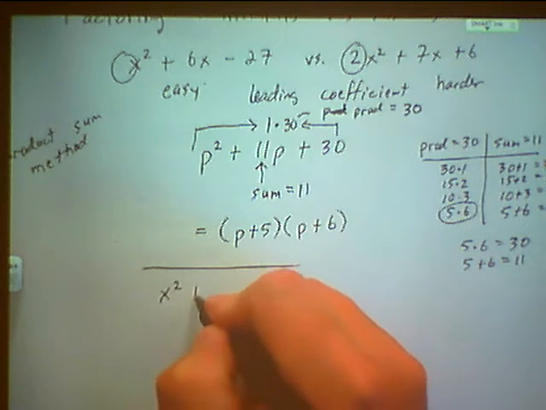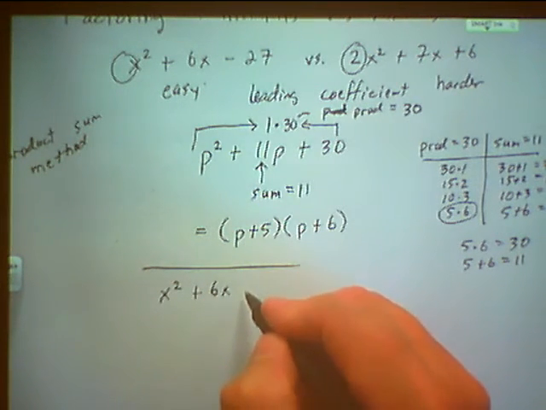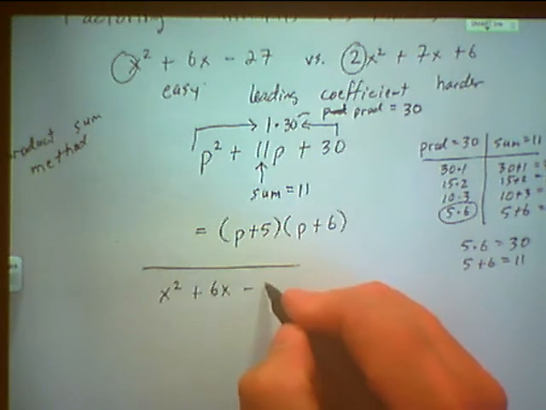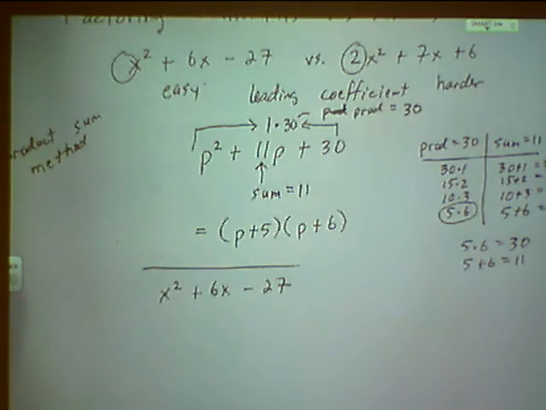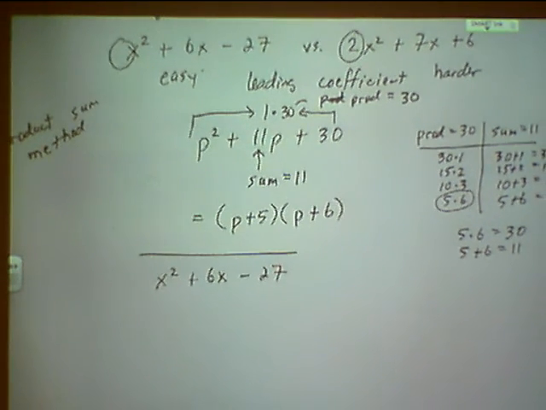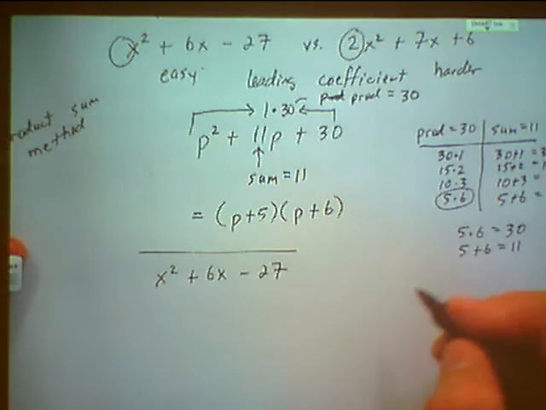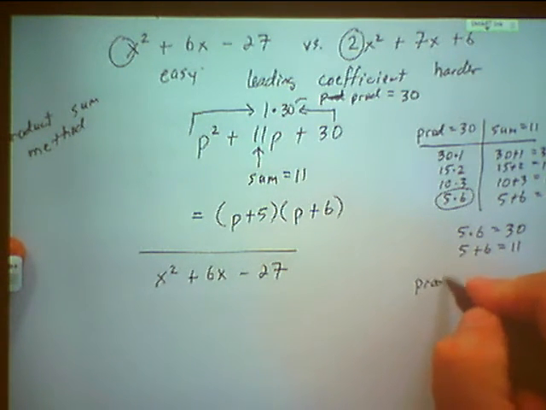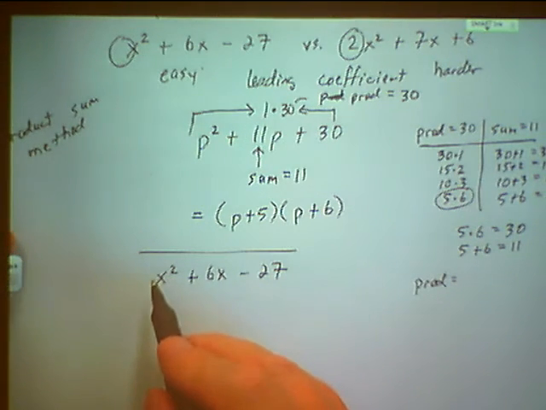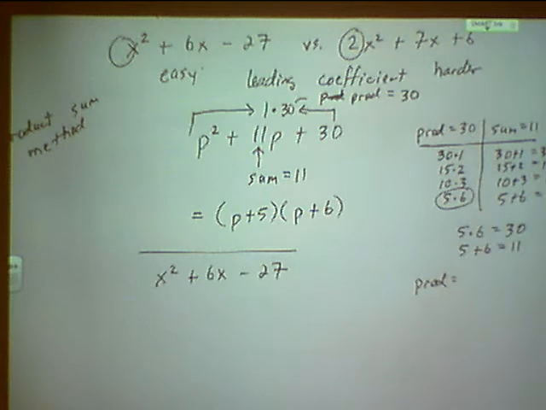x squared plus 6x minus 27. Now we just have to be careful with the minus sign because it is going to play a role. So let's do product sum. Once again, I want you to notice there's no coefficient in front of my squared term, so I consider this sort of an easy trinomial to factor.